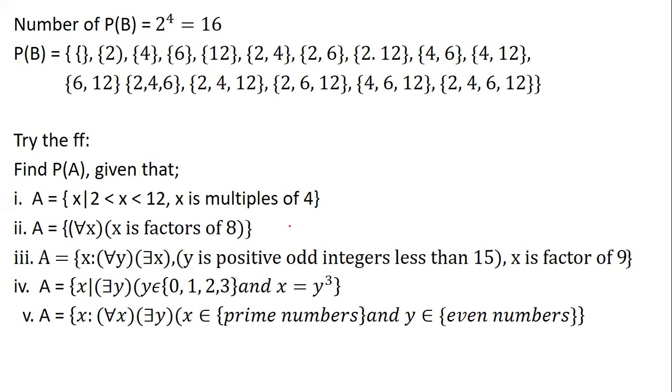Then among these, which are the factors of 9? 1, 3, and 9. Good. So it means you get our A as the set of 1, 3, and 9. Therefore, we can now form the subsets. You are doing well, Ivan.